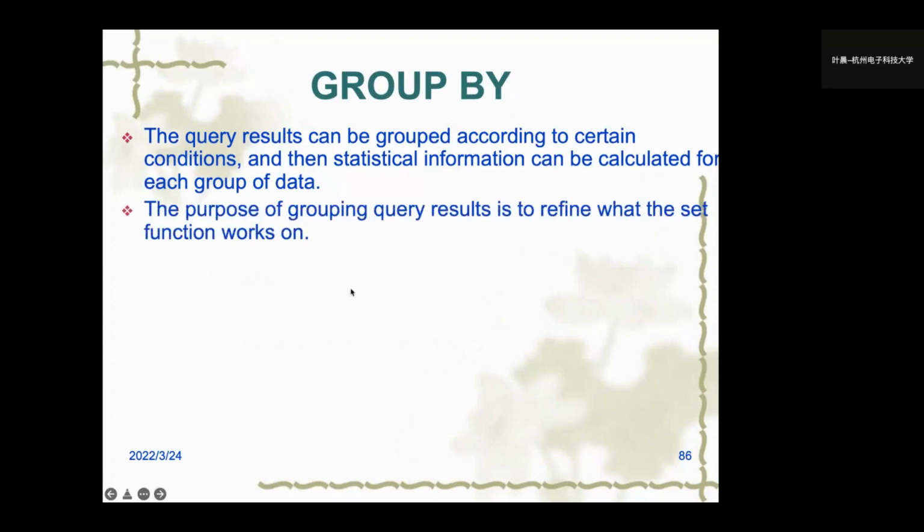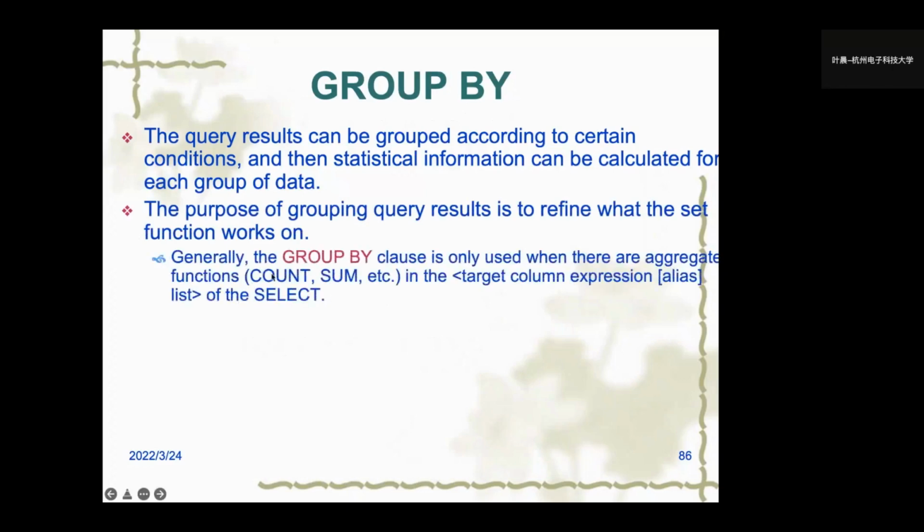The purpose of grouping query results is to refine what the set functions work on. So generally, the GROUP BY clause is only used when there are aggregate functions, such as COUNT or SUM, in the target column expression of the SELECT.